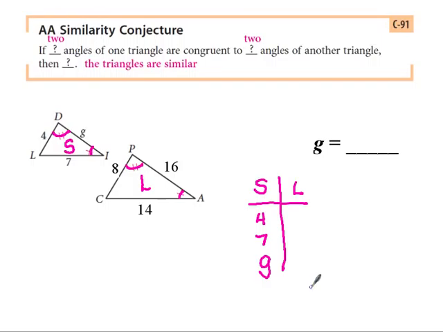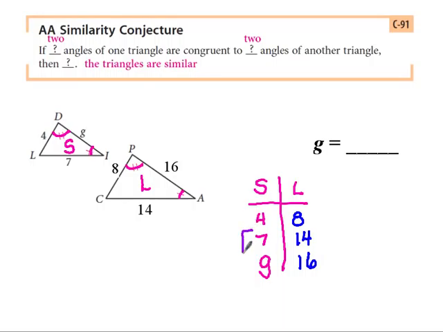What side matches the 4? 8. What side matches the 7? 14. So now what we need to do is match up side G. What does side G match? 16. So now I can write a proportion to find what G is.